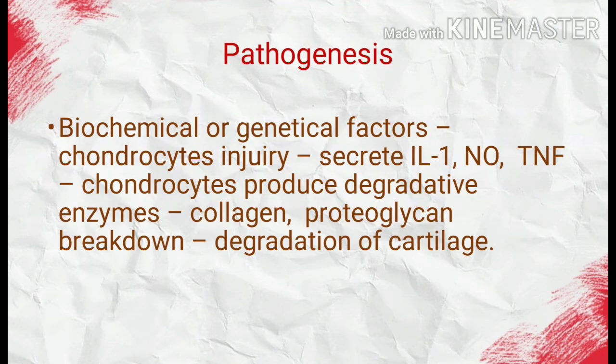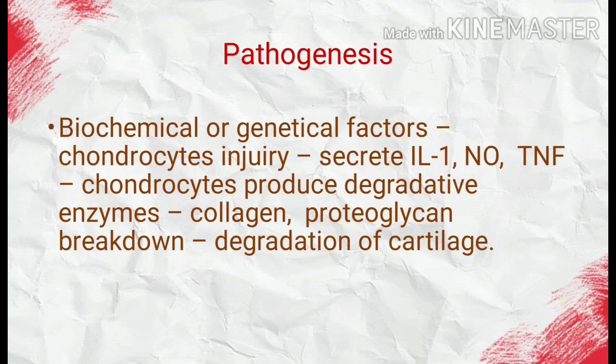Next we will see about the pathogenesis. First, there might be biochemical or genetic factors which lead to chondrocyte injury. Chondrocytes start secreting interleukin-1, nitric oxide and tumor necrosis factor. These cytokines trigger the degradative process, and the chondrocytes also produce degradative enzymes.